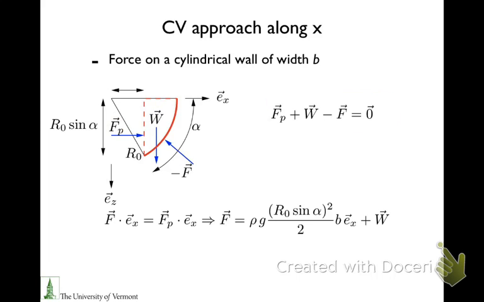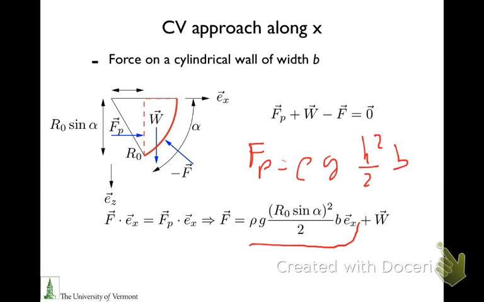Fp is the force of pressure on a vertical wall, which as we know is equal to rho g h squared over 2 times b, and here h is equal to r0 sine alpha. So we have this, which is the same as what we had before.